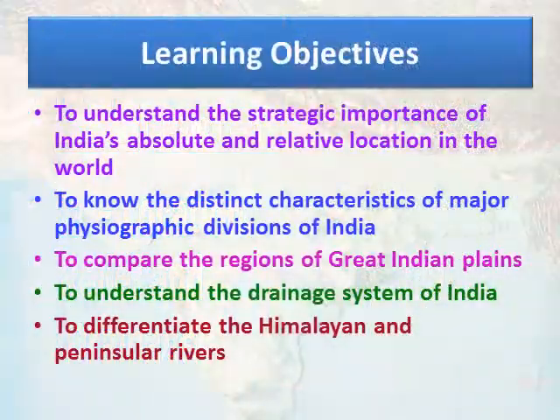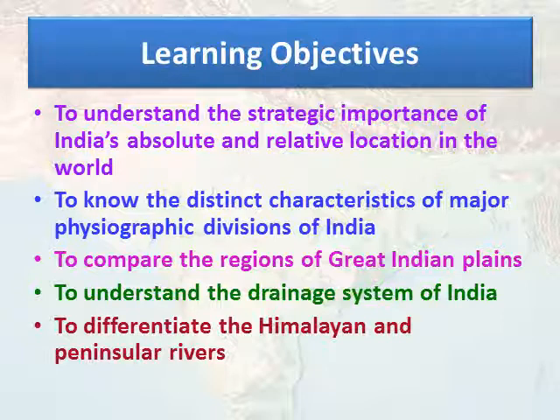Before going to today's session, let us understand what the learning objectives of this unit are. That is, what are we going to learn from this unit? We will try to understand the strategic importance of India's absolute and relative location in the world. We will know the importance of India's location in the world and the distinct characteristics of major physiographic divisions of India.